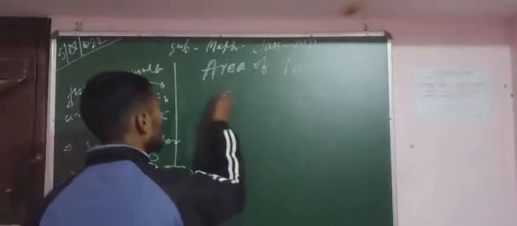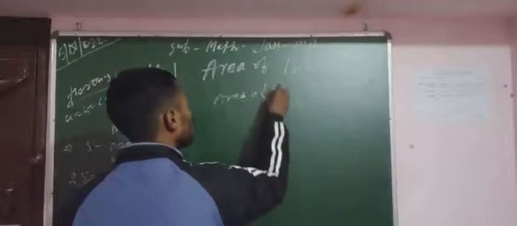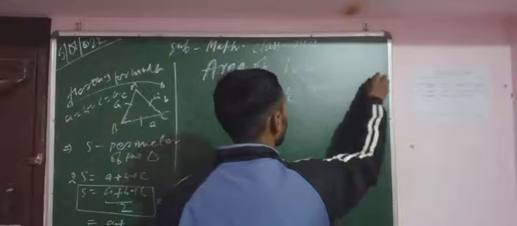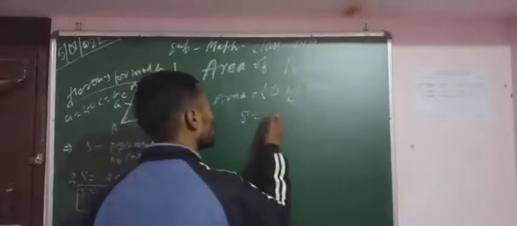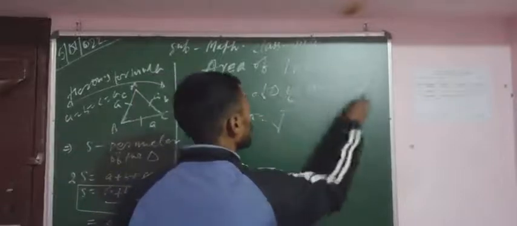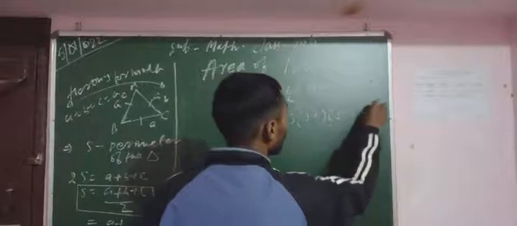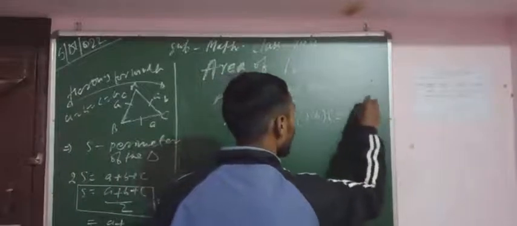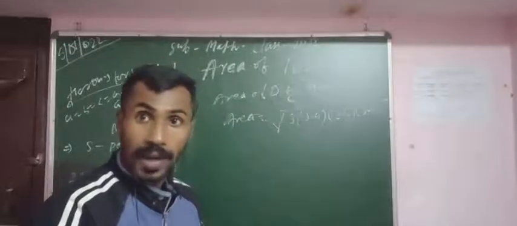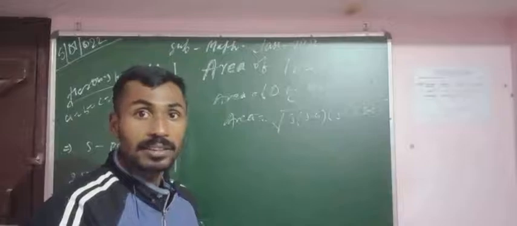Look at this. The area of triangle by Heron's formula will be equal to root under S into (S minus A) into (S minus B) into (S minus C), where S is the semi-perimeter of the triangle and A, B, and C are the sides of the triangle.